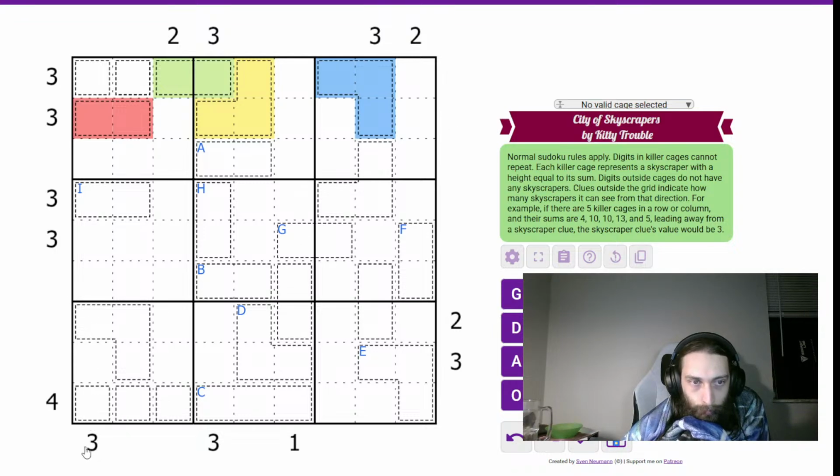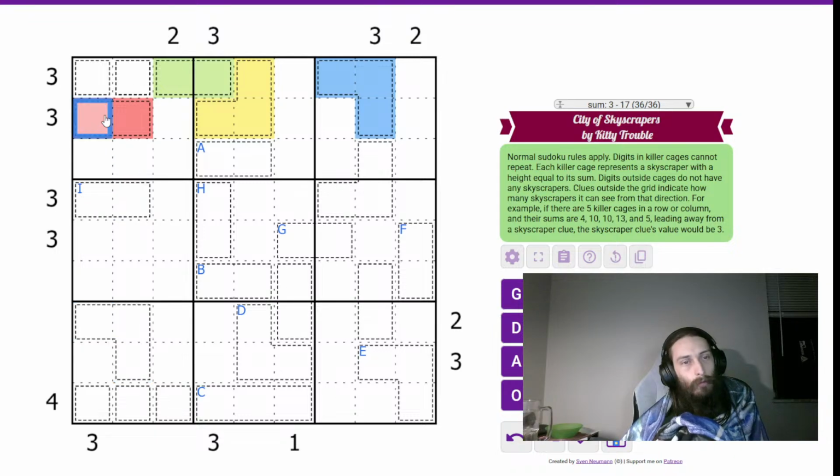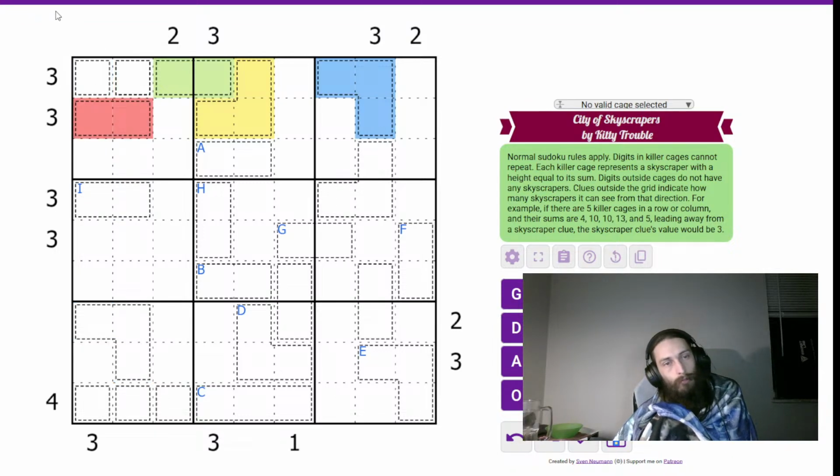This 3 sees this. Maybe sees that, and we don't know above it.